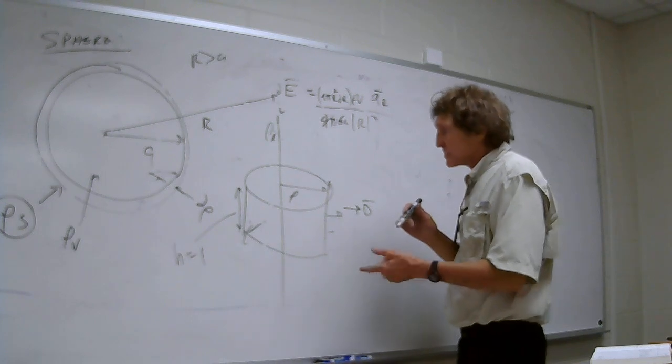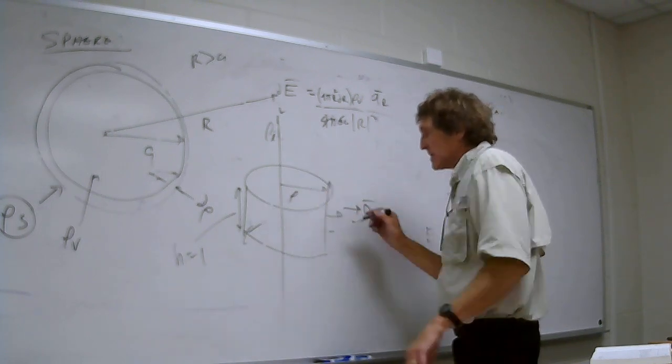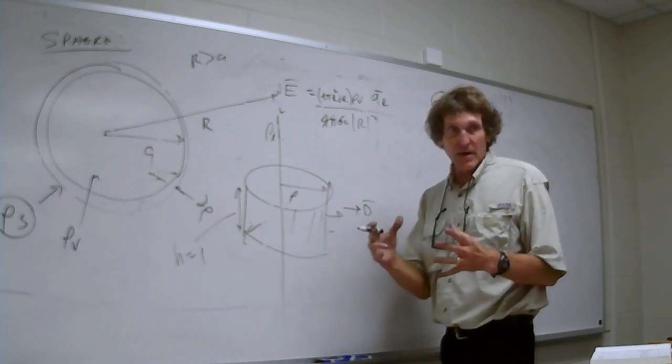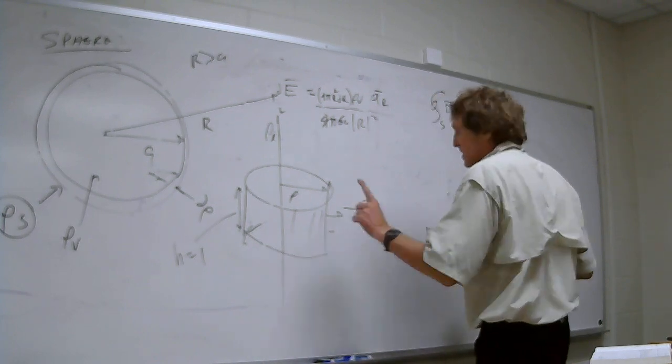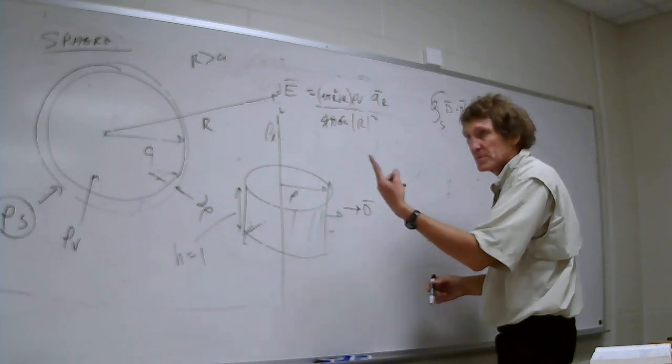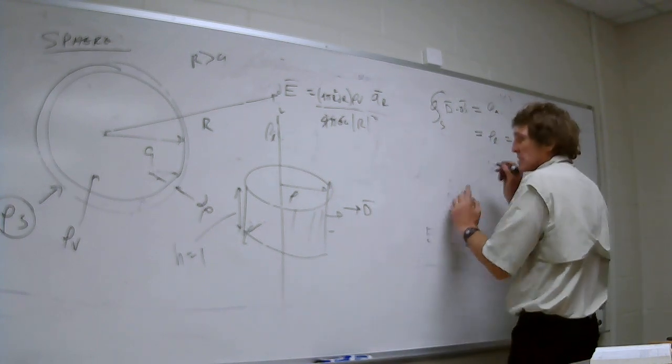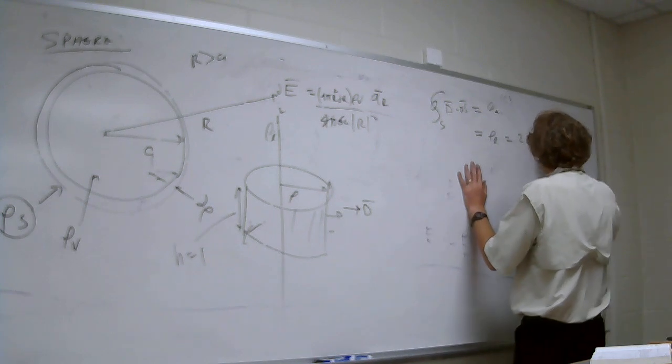Now, that's equal to what? The integral of D dot dS. That's the outer edge of this tuna can, the label. That's going to be the circumference, which is 2 pi rho, right? It's cylindrical, so it's 2 pi rho times D rho.